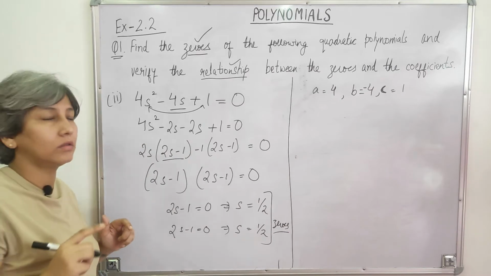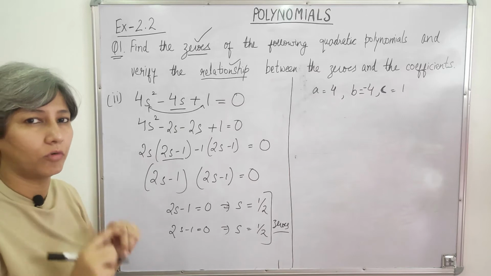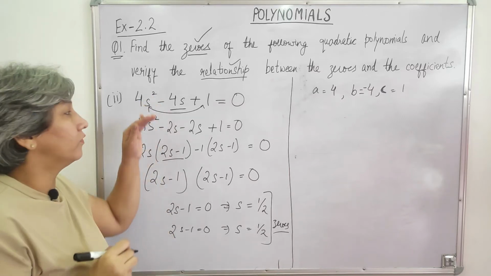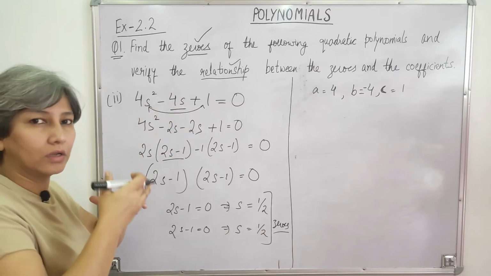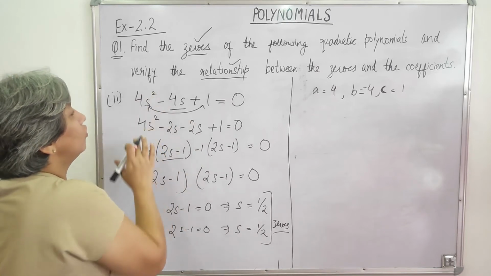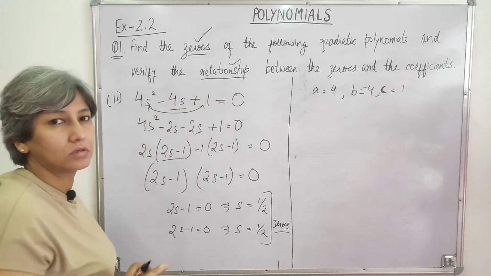Before starting to solve the equation, you have to get the equation in the standard format, which is the term with the highest degree has to come first. The next term is the variable with the next level of degree, like 2s² is the first term, then s, and then the constant term.